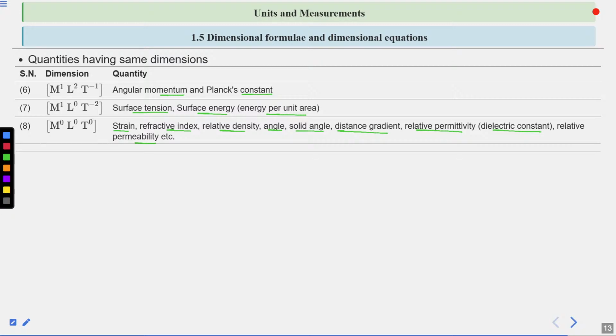So if we talk about power, first of all, the question arises, what is the formula of power?